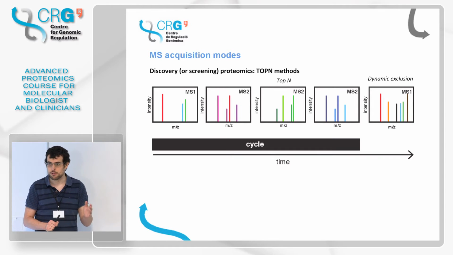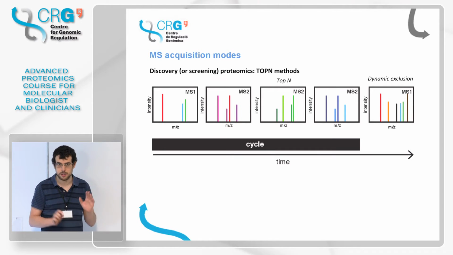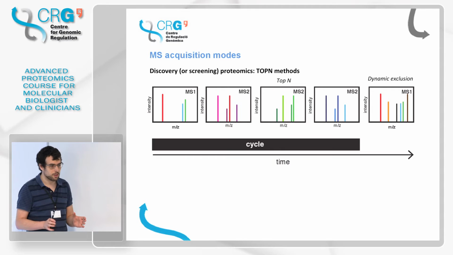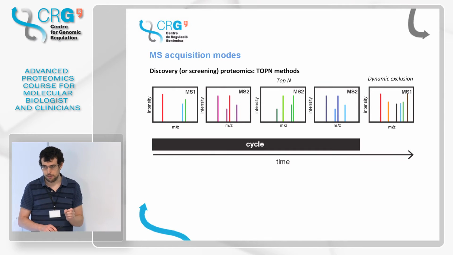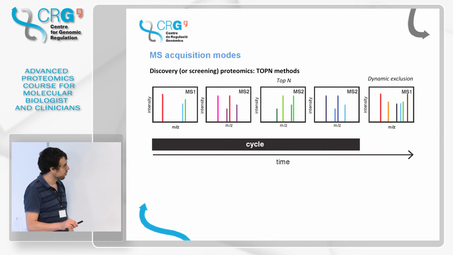We will see later how to interpret this spectrum, but at the moment, what you need to know is that with this fragment pattern, we can identify the sequence of the peptide. This one gives me information on the red peptide, this one on the green peptide, and the blue spectrum on this one. Now I'm done with this, so I take another snapshot.